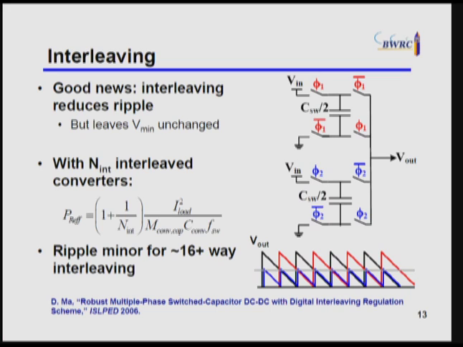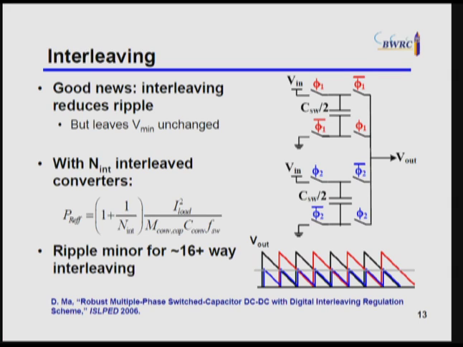And the simple way you fix that is actually very similar to what people have done in the buck converter world, where essentially what you do is you take the total capacitance you would have had before, and you split it into smaller pieces, and then you just drive each of those pieces on essentially slightly phase-shifted versions of the same clock, okay? In other words, you essentially interleave the converter. Now again, remember, in an integrated design, this really doesn't cost me anything because I needed a big capacitor there anyways. Chopping it up into smaller pieces really doesn't change anything from the overall area picture.